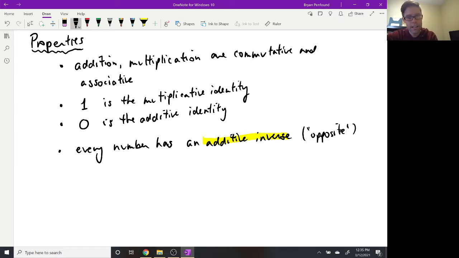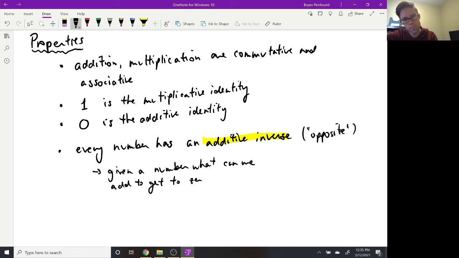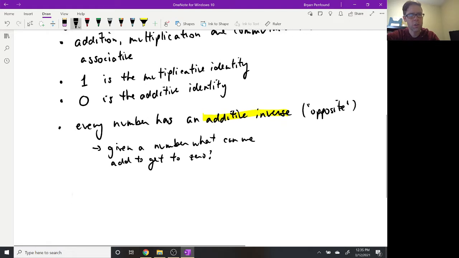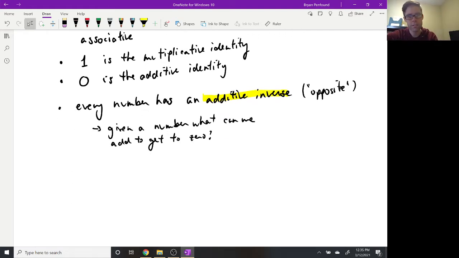So it's kind of like asking the question, given a number, what can I add to it to get to 0? So that's the question we ask in order to find the additive inverse.